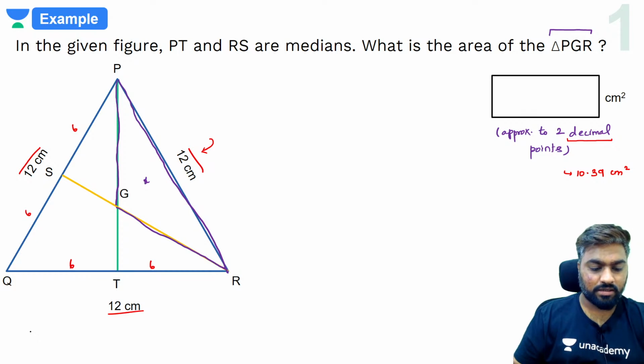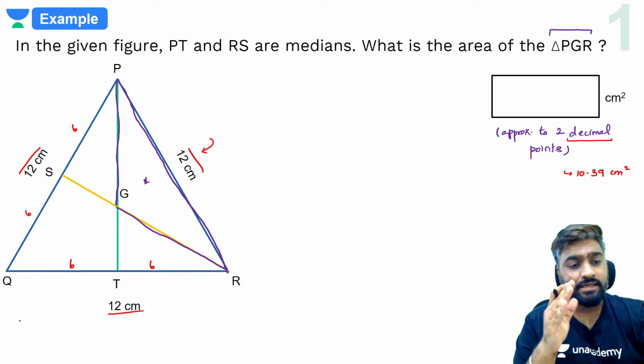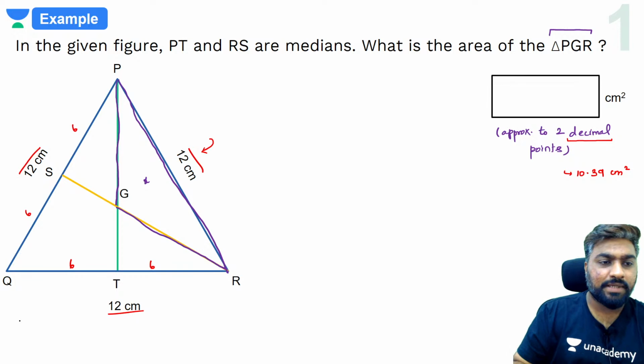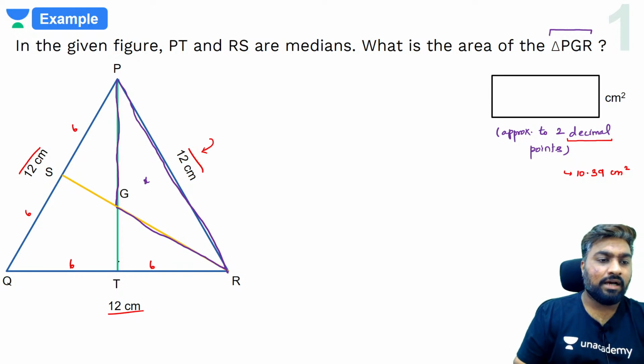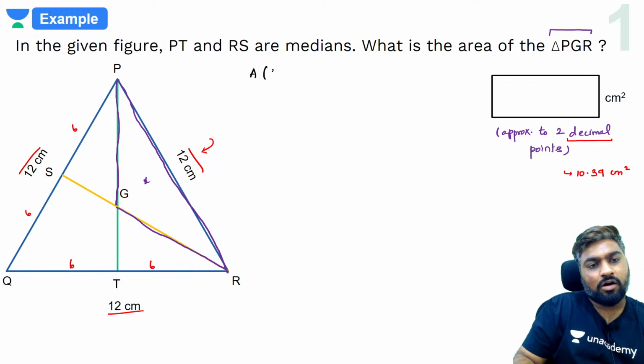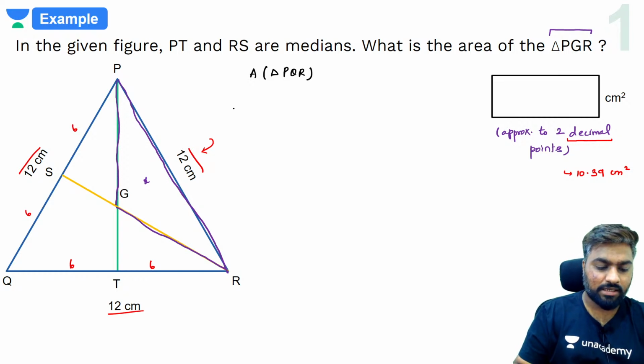Let's solve this together. Okay, so what do we know about medians? We know that a median divides a triangle into two equal areas, right? So PT will divide entire PQR into two equal parts. First, let's find out the area of the bigger triangle PQR.